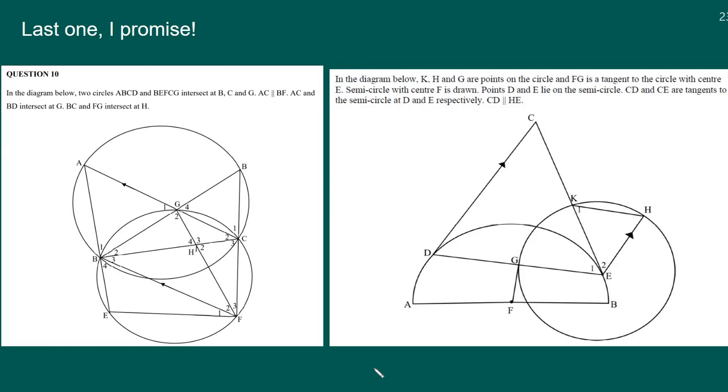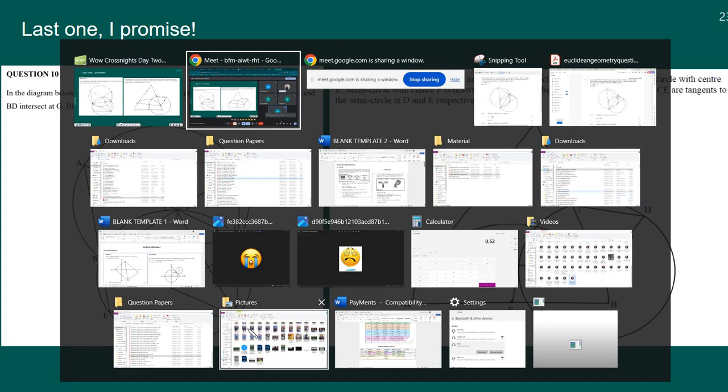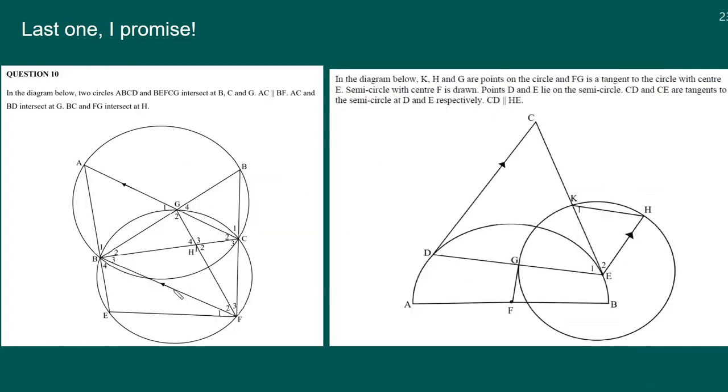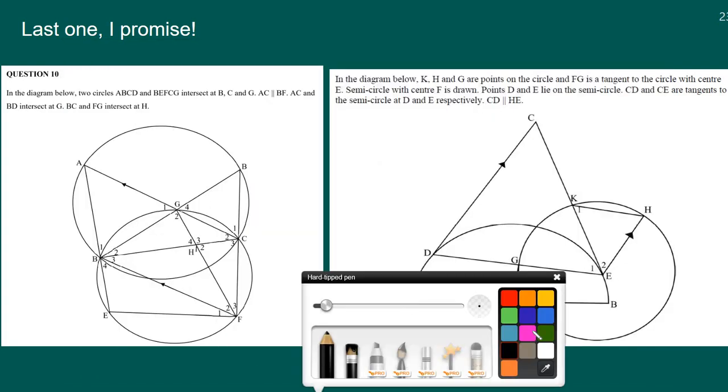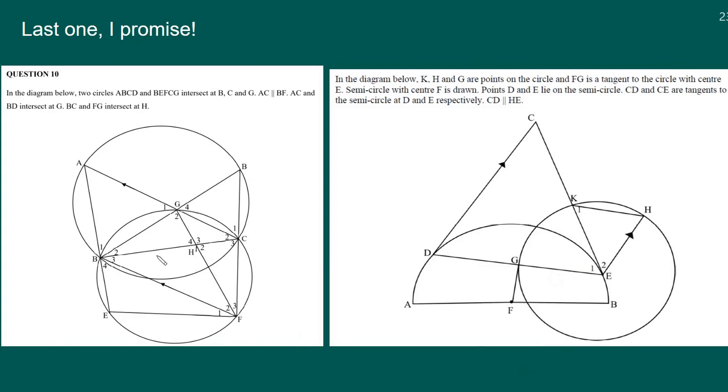So look at question 10. I just need you to give me at least three pairs that you are seeing. Only 3.